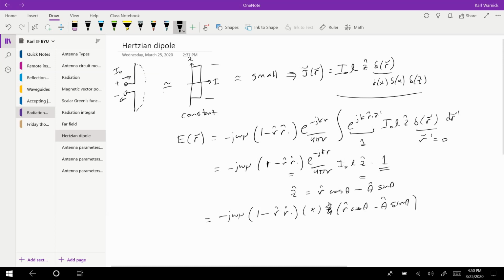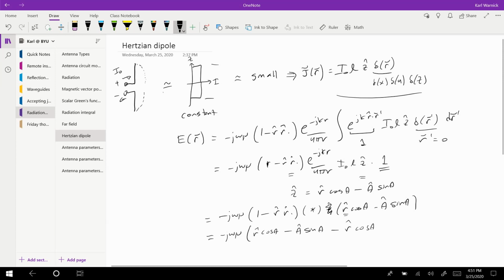Now the next step I could do quickly, but I'm going to take it really slow so nobody misses what's going on here. Minus j omega mu, then I have the 1, and the 1 just means repeat everything to the right. R hat cosine theta minus theta hat sine theta. Now I have a minus r hat, and here I take the r hat and I dot it with the r hat that's to the right, and that gives me 1, and then the cosine theta.